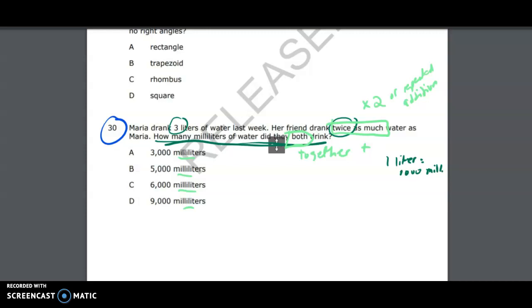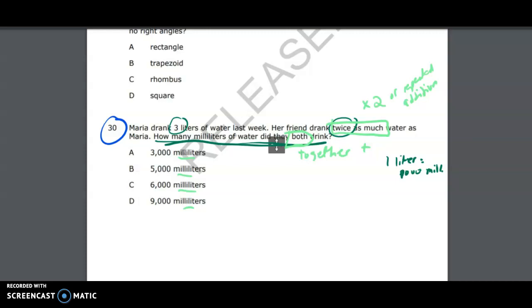So 1 liter is the equivalent of 1,000 milliliters. If one person drank 1 liter, you can also say that they drank 1,000 milliliters. If they drank 2 liters, you can also say that they drank 2,000 milliliters.